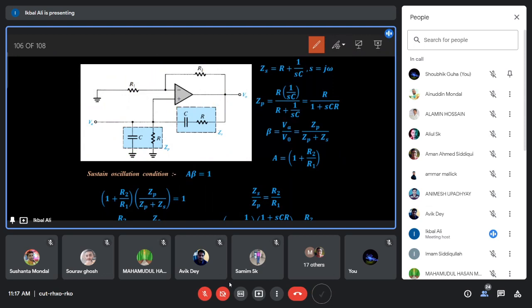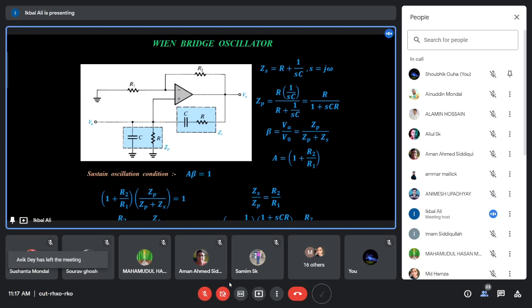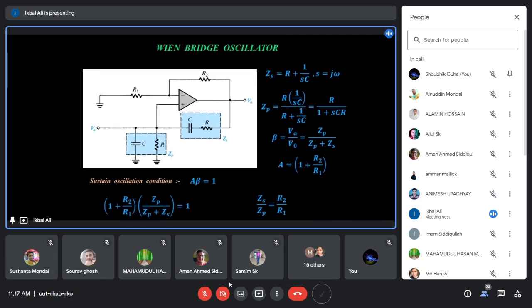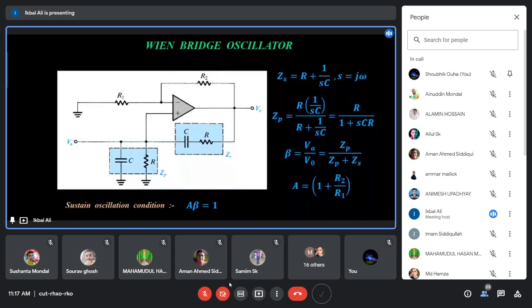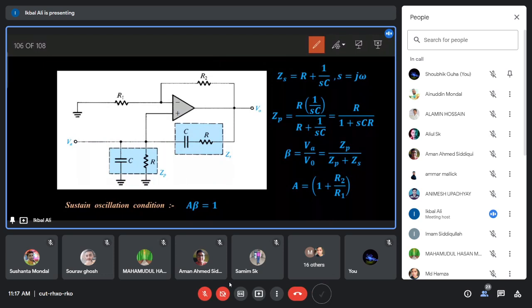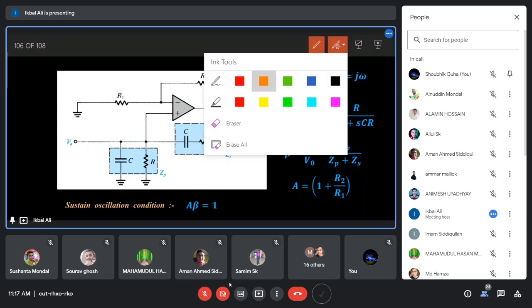Now we will analyze this circuit and calculate the frequency of oscillation that is produced by this circuit. In order to do that, we first analyze the beta network, to see what the beta network is actually doing here.